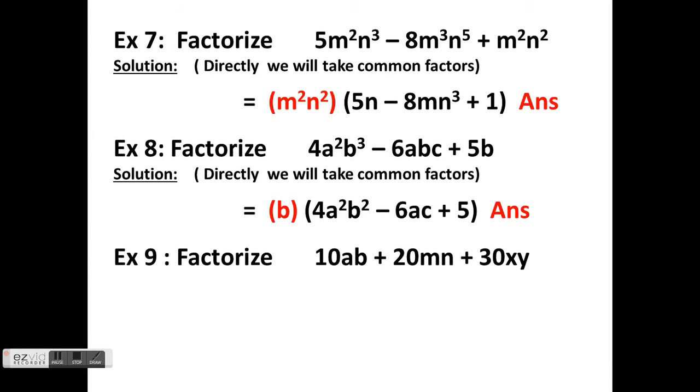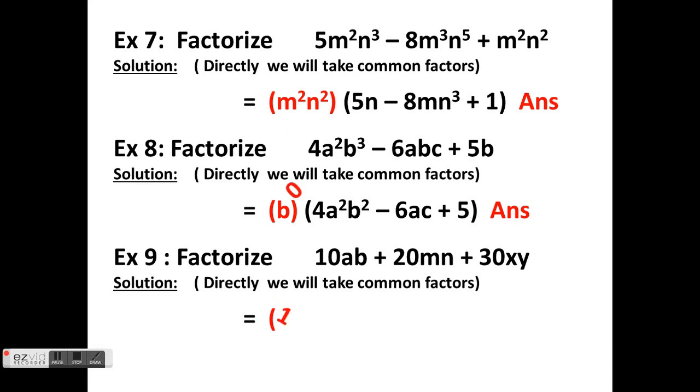Nothing common, only 10 is common, take it outside. What is left out? ab plus 2mn plus 3xy. How is 2 coming? 20 we split as 2 into 10, 30 we split as 3 into 10, 10 has gone outside, remaining is left.